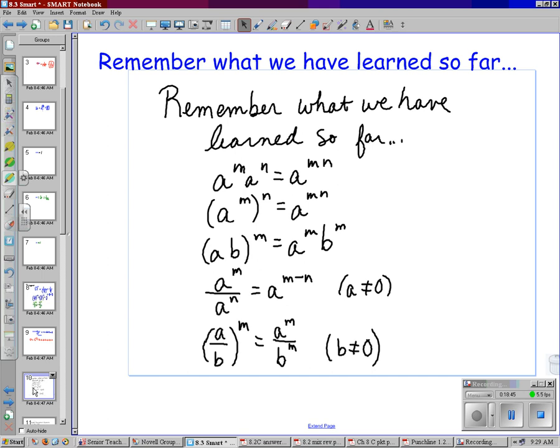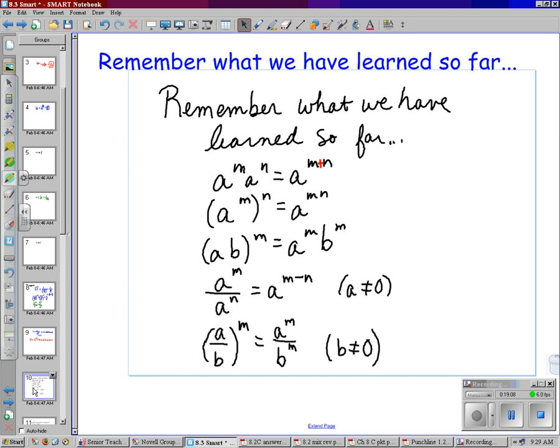Remember what we've learned so far. This is all my handwriting because I started retyping these and this is where I stopped. We know that a to the m times a to the n is a to the m plus n. A to the m raised to the n is a to the m times n. AB raised to the m is a to the m times b to the m.